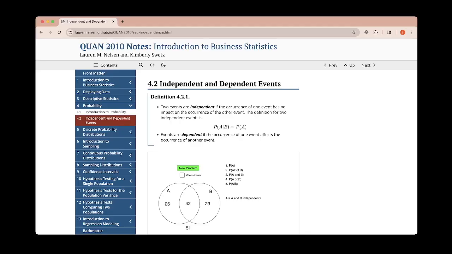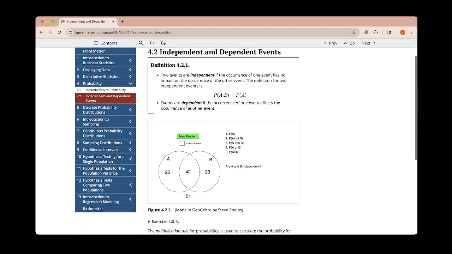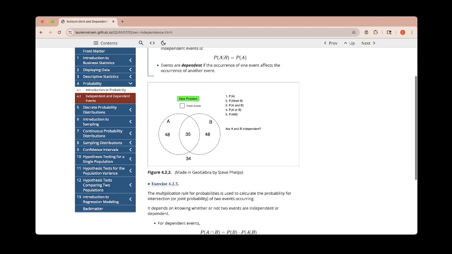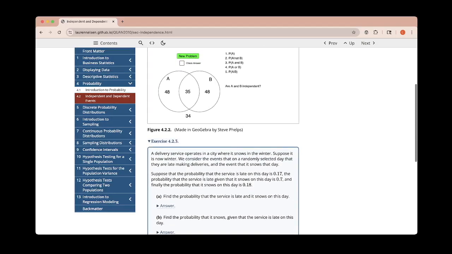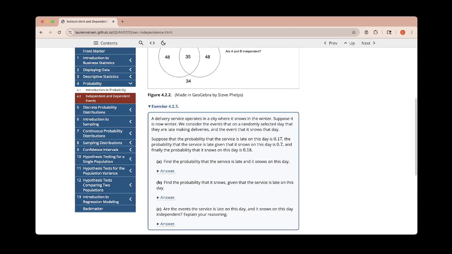And we say that events are dependent if one happening does impact the probability of the other happening. And so there's an example here where you can try different versions of problems where you can calculate probabilities and decide if the events are independent or not. But I want to try this exercise 3 here, and in this one we'll try to see if some events are independent.